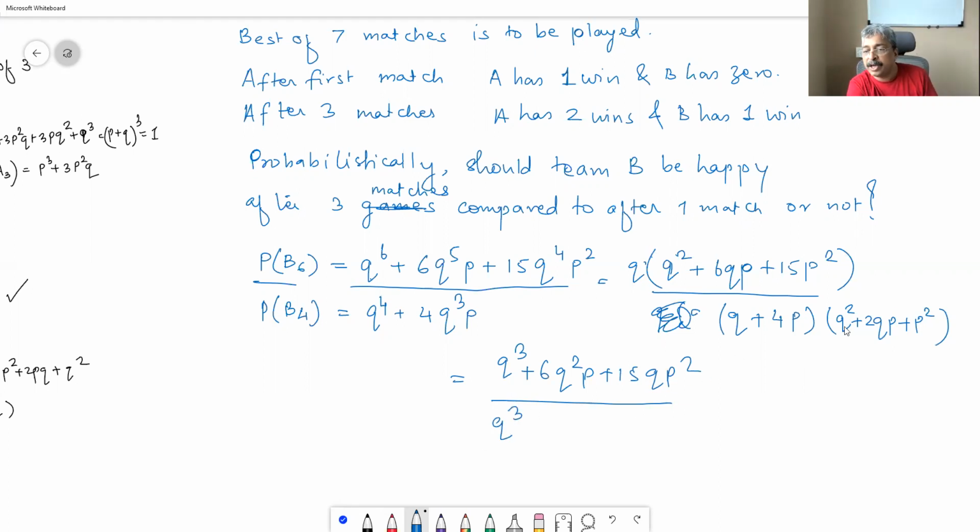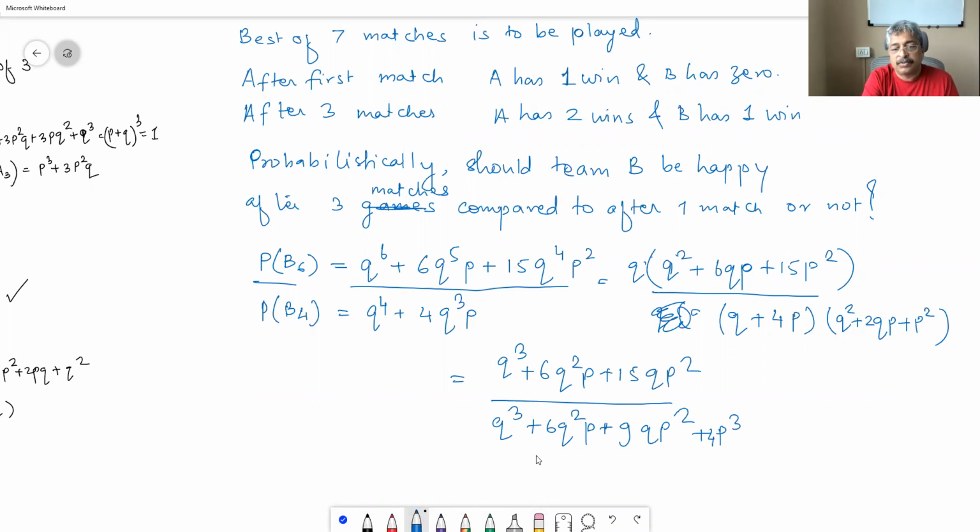How many q square p's? 4 plus 2, 6 q square p's, plus how many qp squares? Qp square, 1 here and 8 here. 8 plus 1, 9 qp square, and then how many p cube? 4p cube.